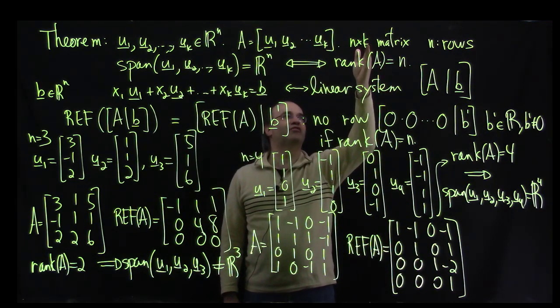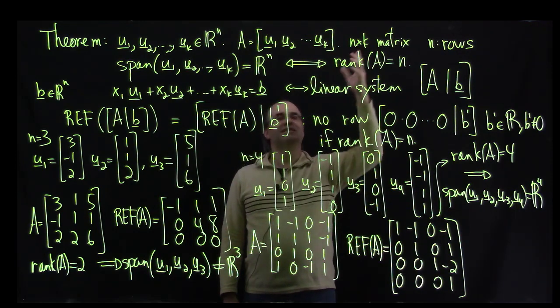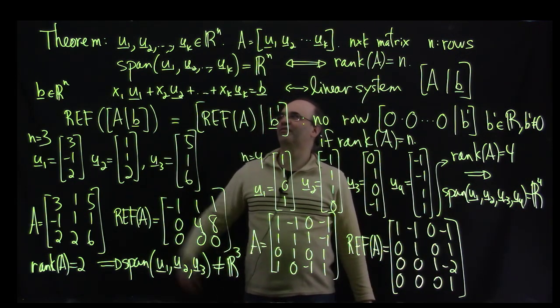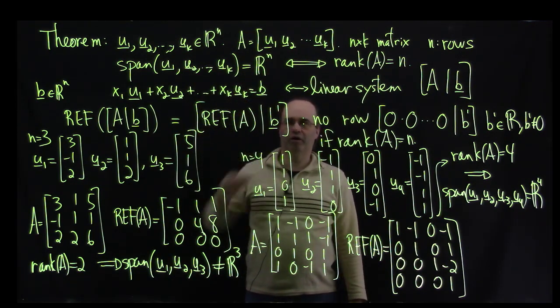If the number of columns of A is less than n, the rank will be less than n, and therefore the span must be something smaller than Rn.